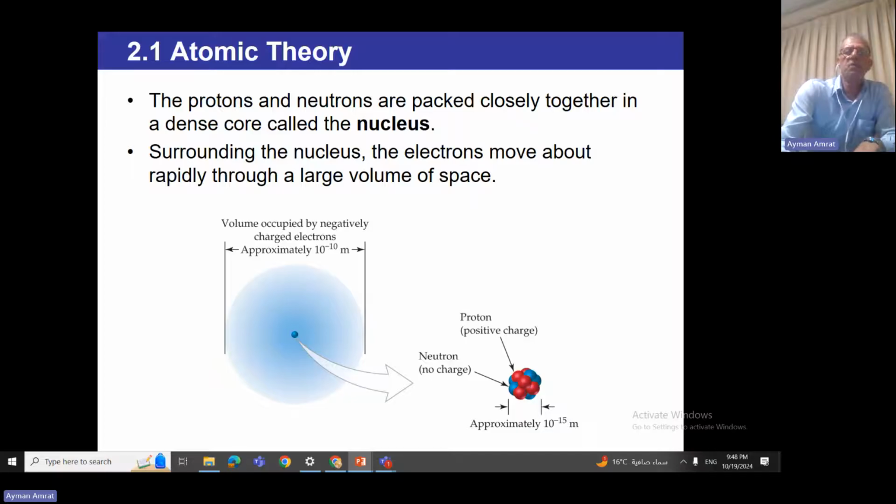Surrounding the nucleus, the electrons move about rapidly through a large volume of space. So mainly the volume of the atom is the volume of this space of electrons, while mainly the mass of the atom is the mass of the nucleus.